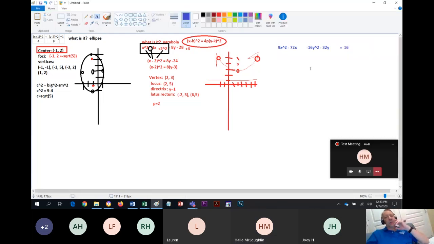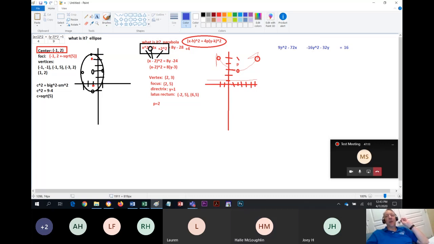Now, why do you think I put those big gaps there? You're going to complete the squares. We are going to complete the square. Now this one's a little bit tricky because I do not have a 1x squared or a 1y squared.